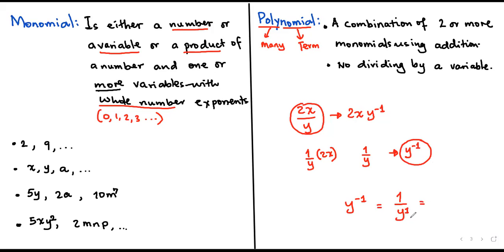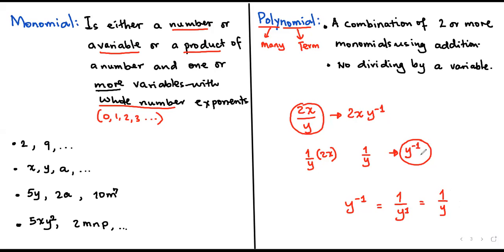So you see that y to the power of 1 is the same as y. So we are having 1 out of y. And now you see that when we divide by a variable, it will make us get a negative exponent.